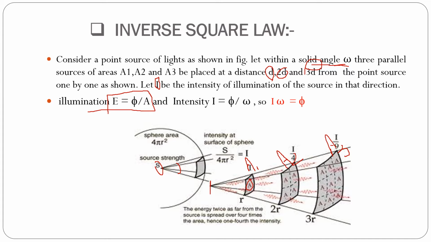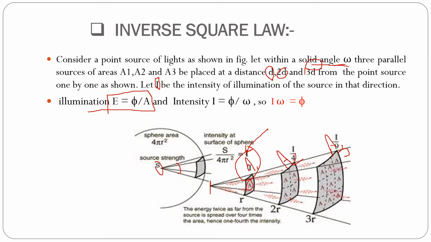The illuminations for A1, A2 and A3 are different. Illumination is defined by the formula E is equal to flux by area, the flux which is received on that particular area. So if I consider A1, E1 for that area is phi by A1.